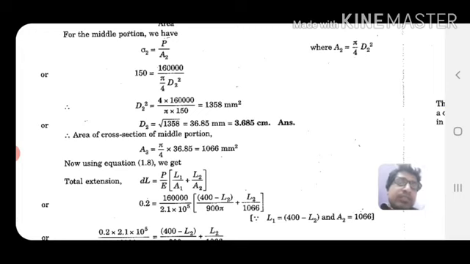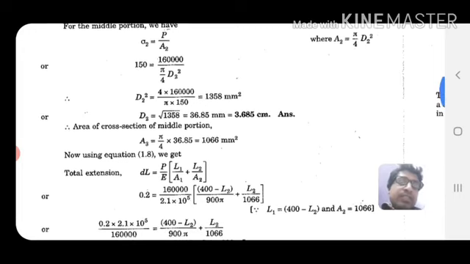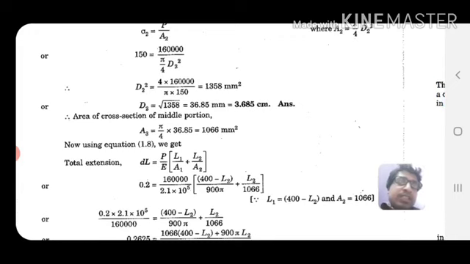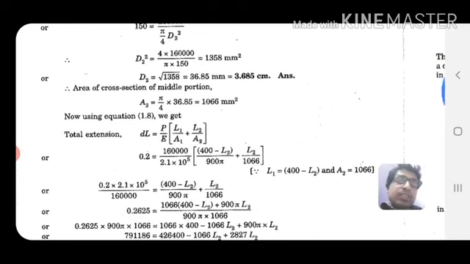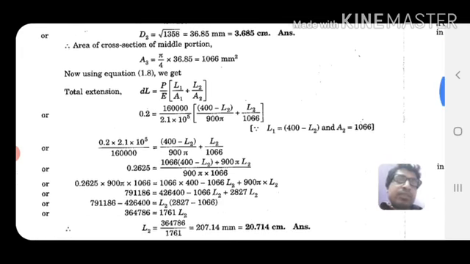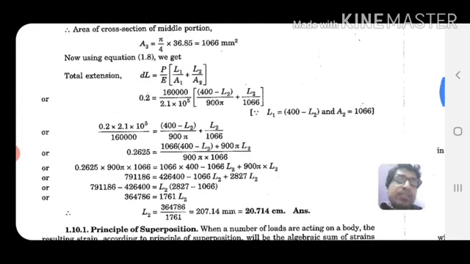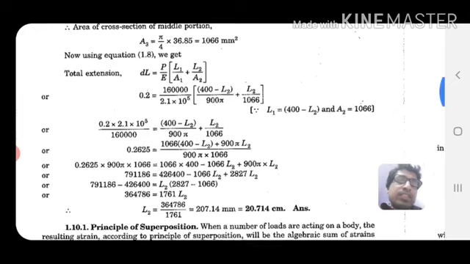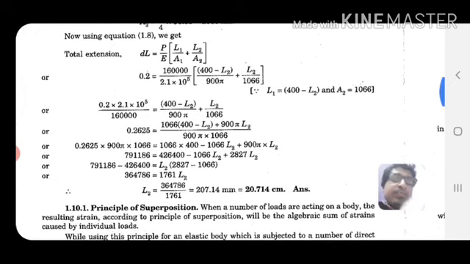So D2 is equal to root over 1358, that is equal to 36.85 millimeter, so 3.685 centimeter. Area of the cross section of the middle portion A2 is equal to pi by 4 into 36.85 square, that is equal to 1066 millimeter square.